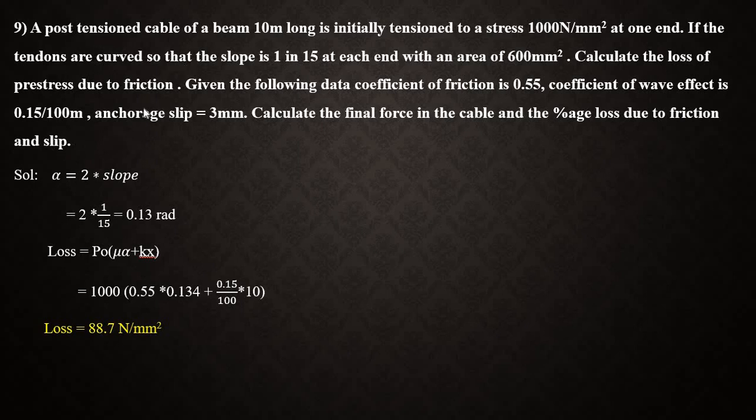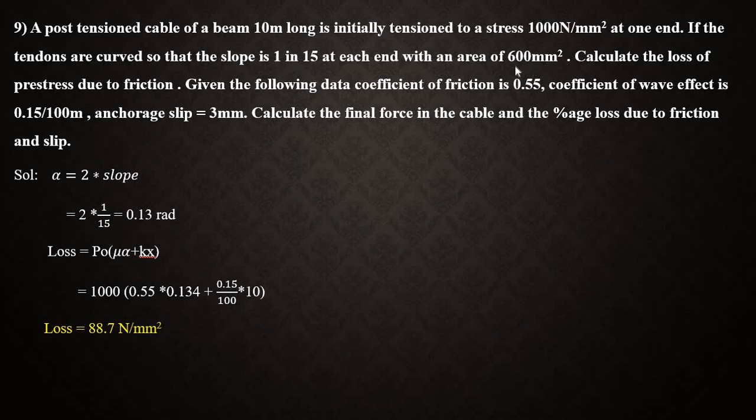Okay, let me explain what they have given in the question. First of all, it's a post-tension cable. The beam length is 10 meters and it has an initial stress of 1000 Newton per mm square at one end. If the tendons are curved, that means the tendon is in a curved shape, it has a slope of 1 in 15 and the area of the cable is 600 mm square.